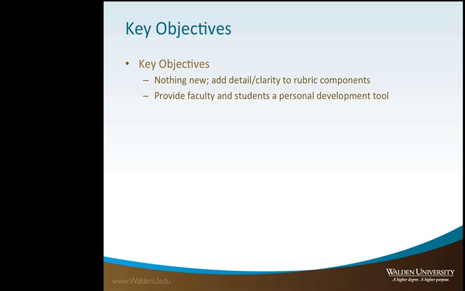As you will see, this document is loaded with a wealth of information. Another key objective was to reduce the review time. A fourth key objective is to increase inter-rater reliability amongst the committee members, the methodologists, and the university reviewers. And finally, perhaps the most important objective is to ensure that we have a satisfied customer, and that is the Walden DBA student.